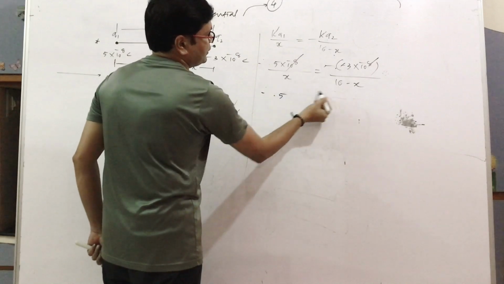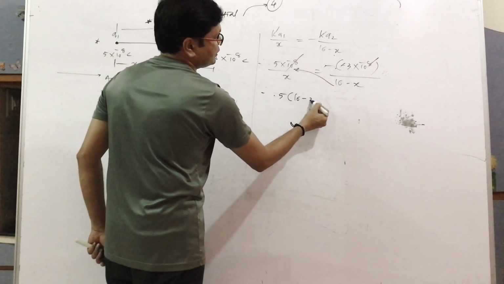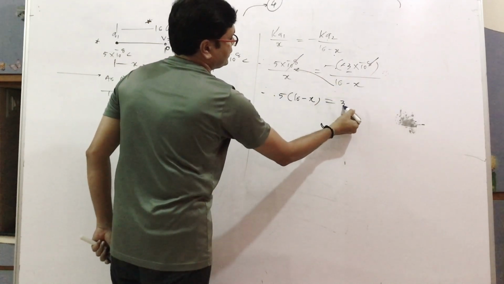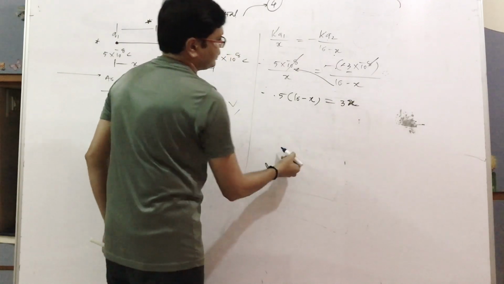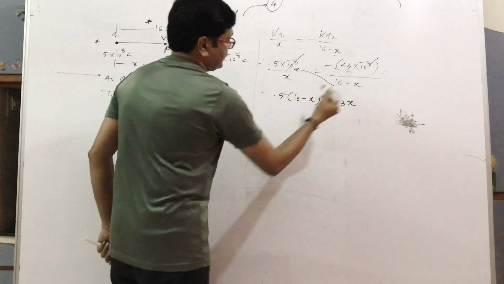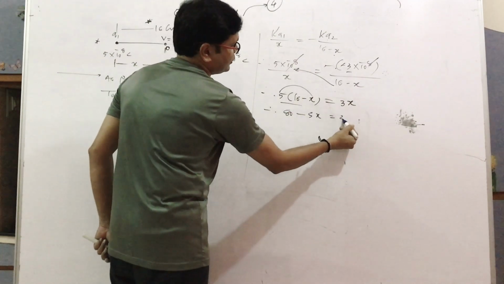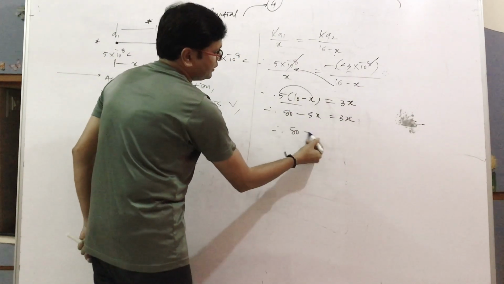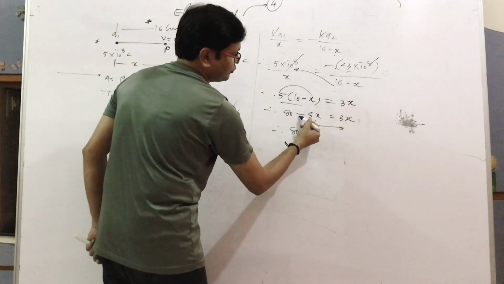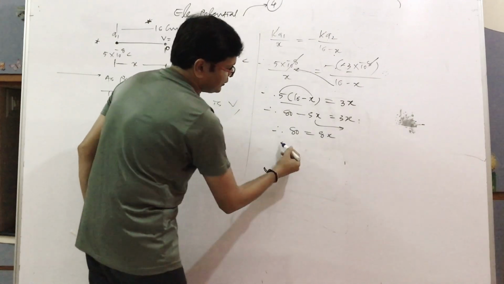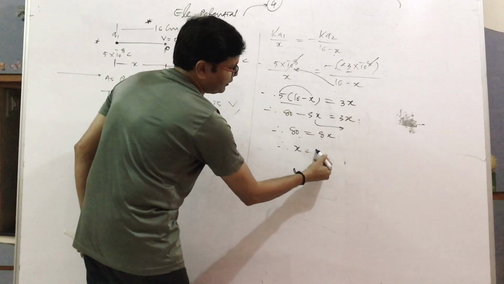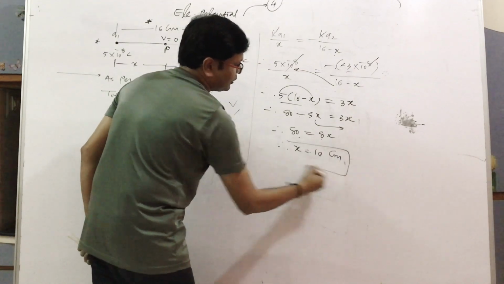Cross multiplication: 5 multiplied by 16 minus x, and 3 multiplied by x. So 80 is equal to 5x plus 3x, because minus becomes plus. So 8x, so x is equal to 80 by 8, 10 centimeter.